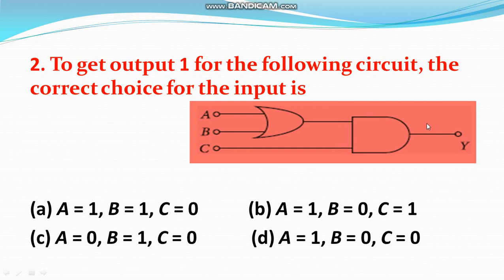That means C is required to be 1, and here also we need 1. So C is 1. Which one is the answer here? Check it. Only one option is there, that is B. B is our answer.